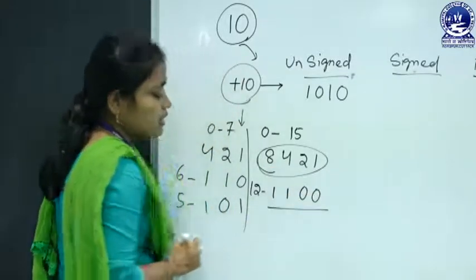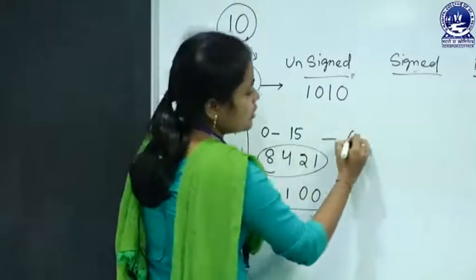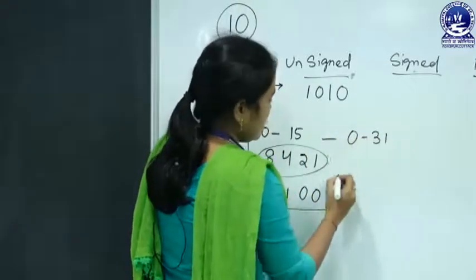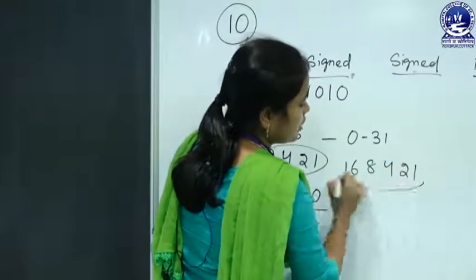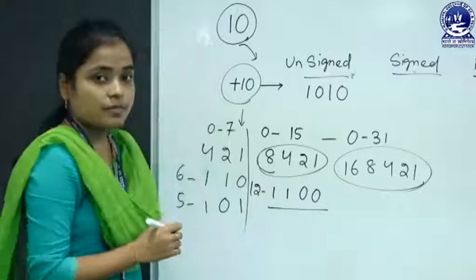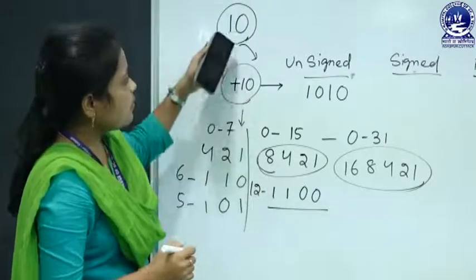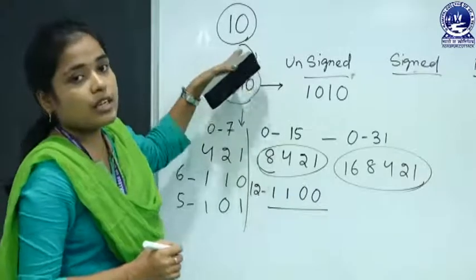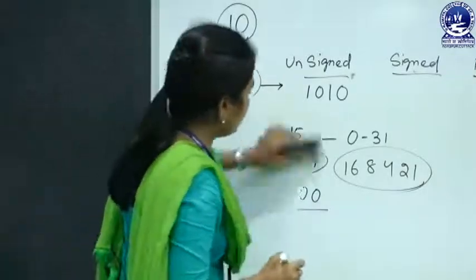So, this is the representation of 12. Like this, if we go from 0 to 31, it becomes 16 8 4 2 1, that is the magic number. These are shortcuts; by using them you can easily convert a decimal number into its binary form. We have to remember these things.